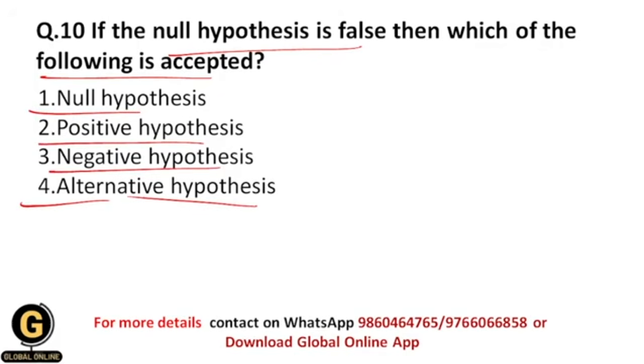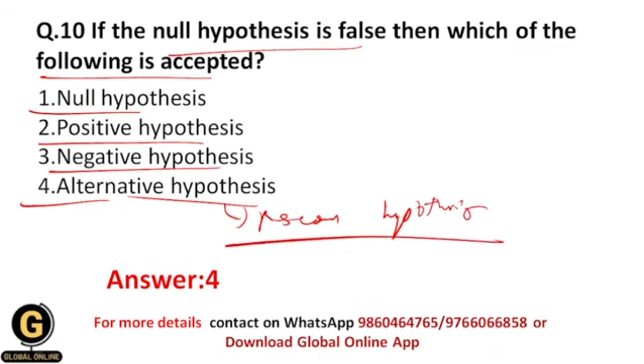So obviously students, whenever we reject the null hypothesis and it is false, then in that situation we are going to accept the alternative hypothesis, which is also called the research hypothesis, right? That I have told you earlier in this video. Okay, that's why your correct answer should be 4, that is alternative hypothesis.